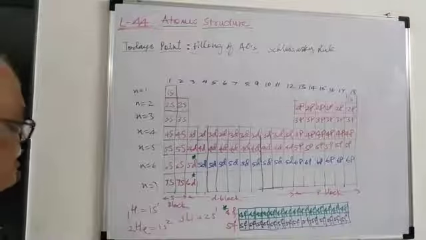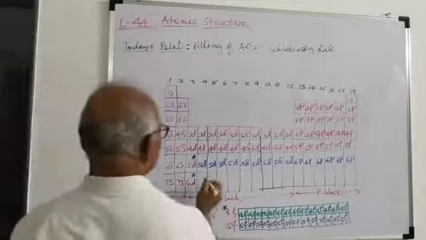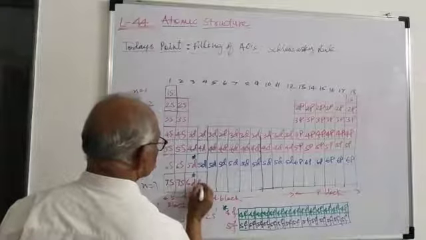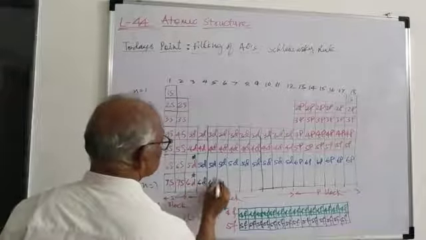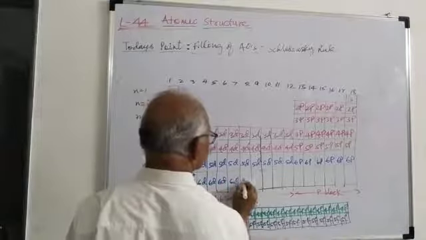After 5f, the next electron goes into the d subshell, that is 6d. So 6d is progressively filled here.